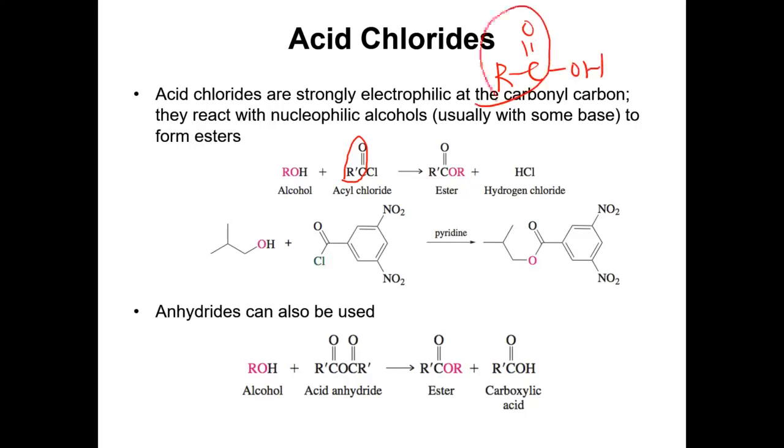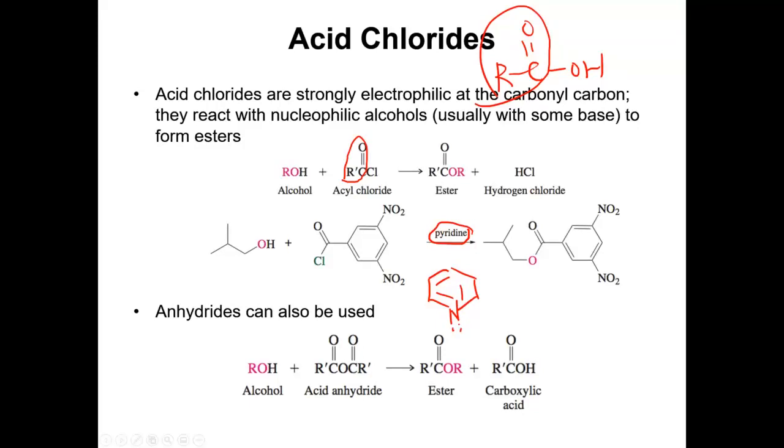But in the case of a carboxylic acid, when it reacts with alcohol, the reaction is an equilibrium reaction. But if you're using acyl chloride, this reaction is not reversible, especially when you carry out such a reaction in the presence of pyridine, which is a base. The details of this reaction we will talk about in a later chapter.